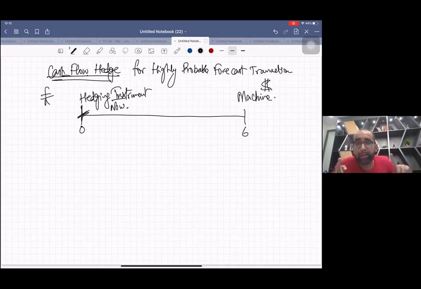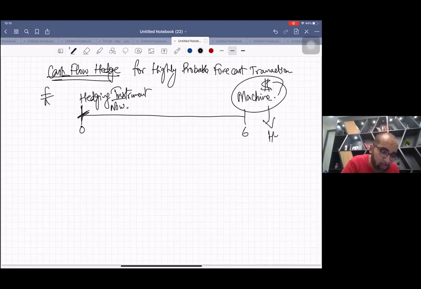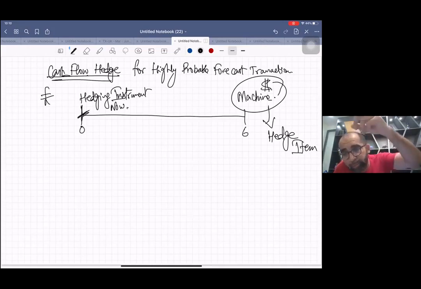And now listen, why did we enter in this hedging instrument? To reduce the risk of this hedge item which will come in future. Right now we have only the hedging instrument.